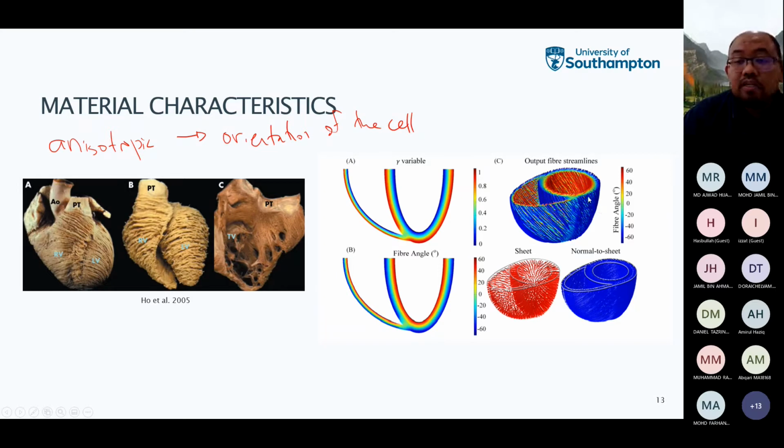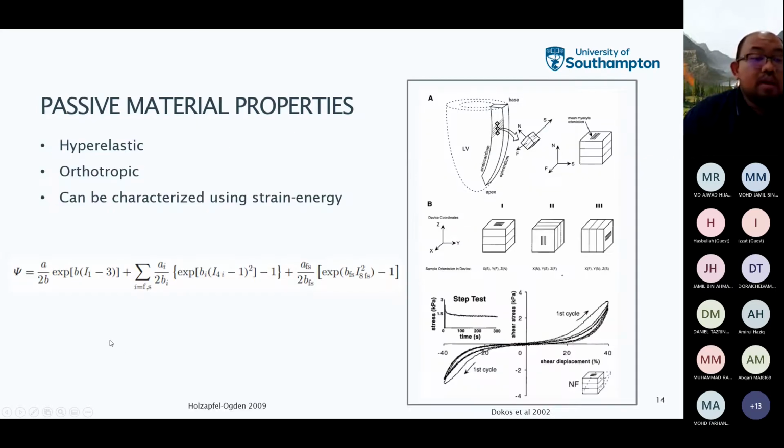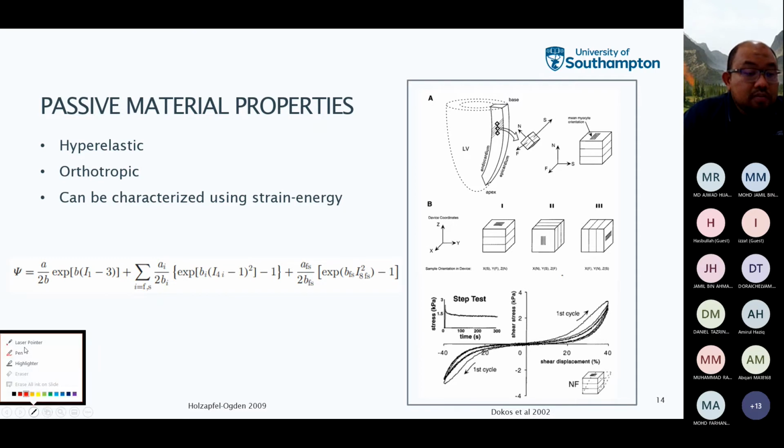Here I showed it in a streamline. This is trying to mimic what we have seen in the cadaver. And then we need to define our material property. So how do we define this material property? We have to go through the literature to see what people have done through experiment. One experiment that people have done in the past is a shear test.